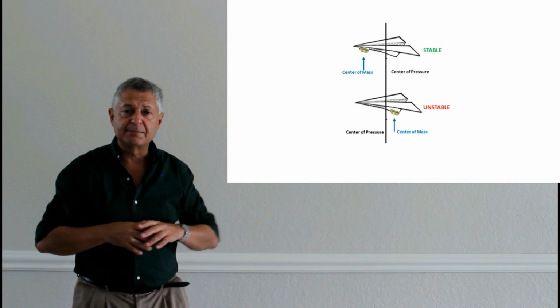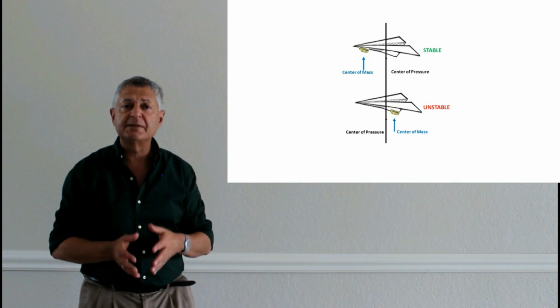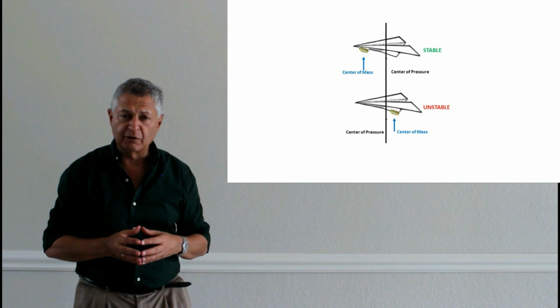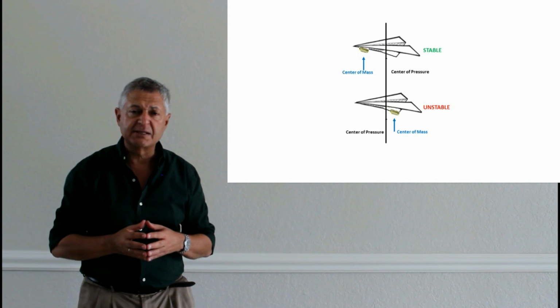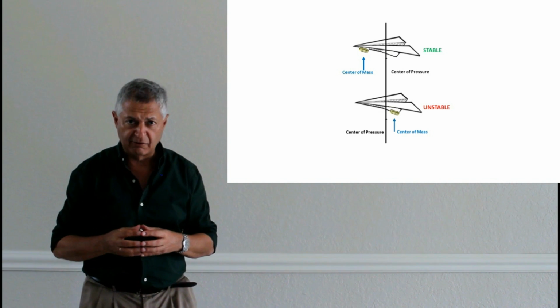So the whole idea is about the relationship between center of pressure and center of mass. For a stable system, you want to have center of mass in front of center of pressure. Unstable system, the center of mass is behind the center of pressure.